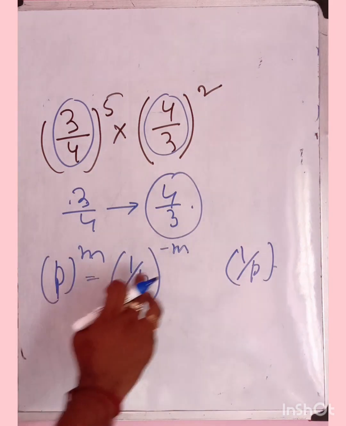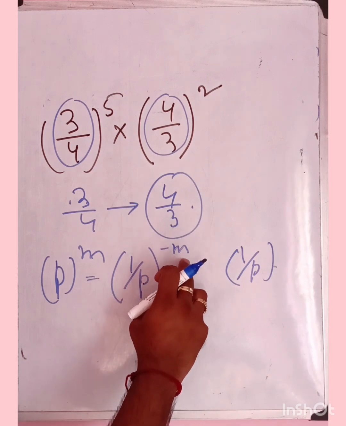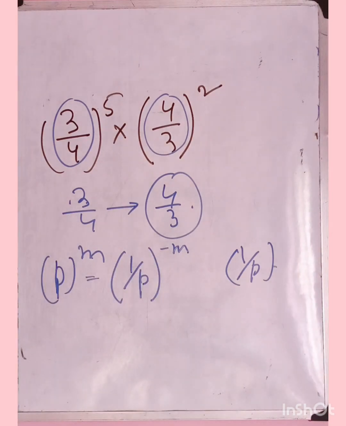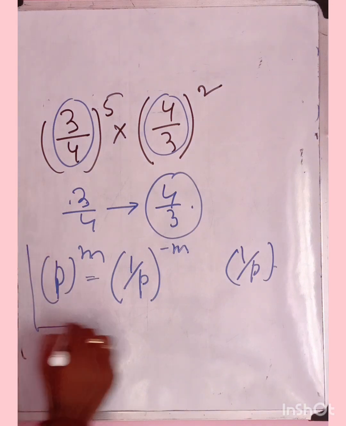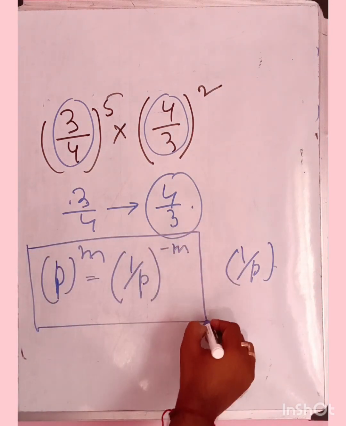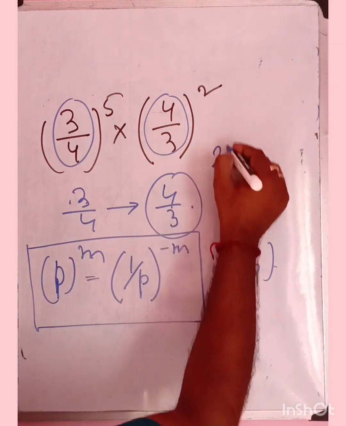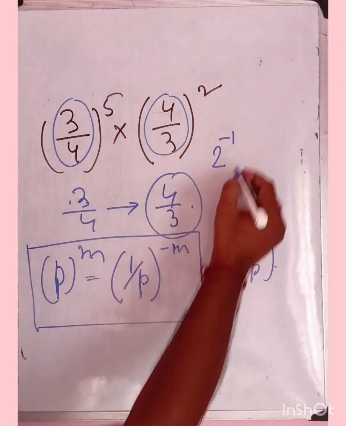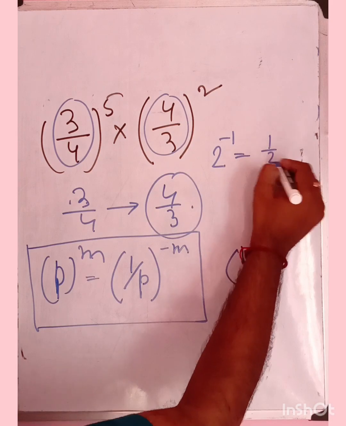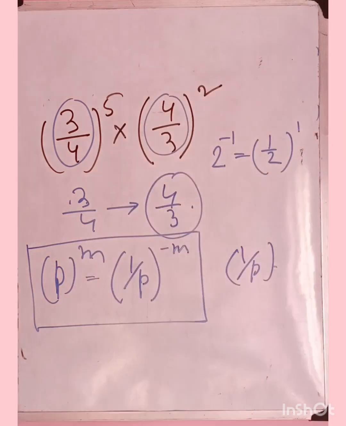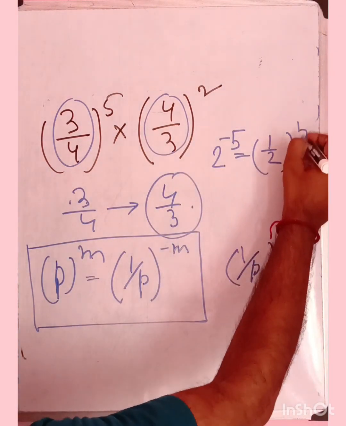The reciprocal will have the same power with negative sign. 2 to the power minus 1 is nothing but half to the power 1. 2 to the power minus 5 is half to the power 5.